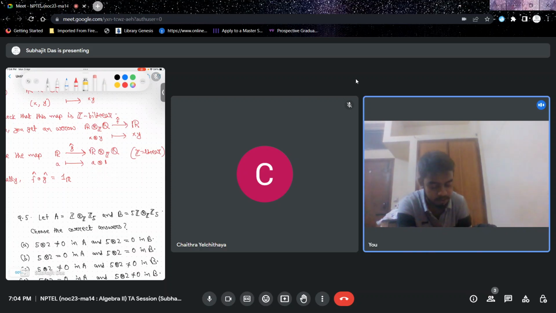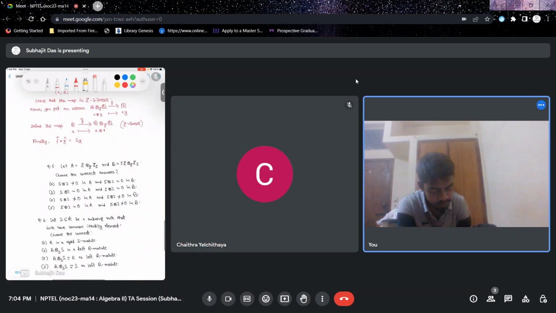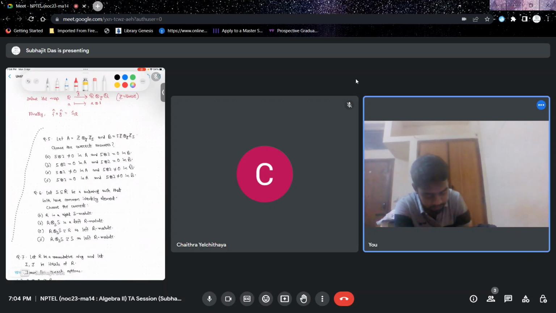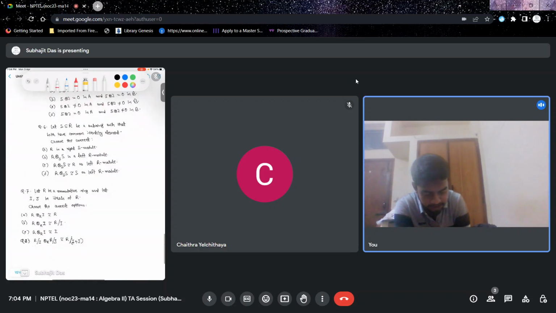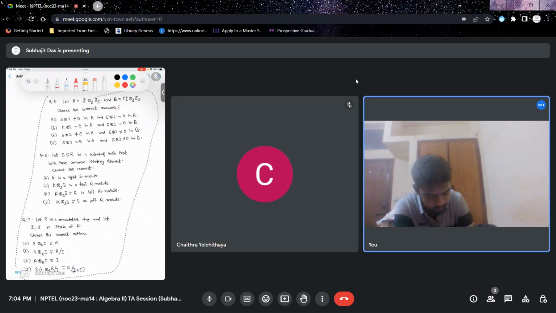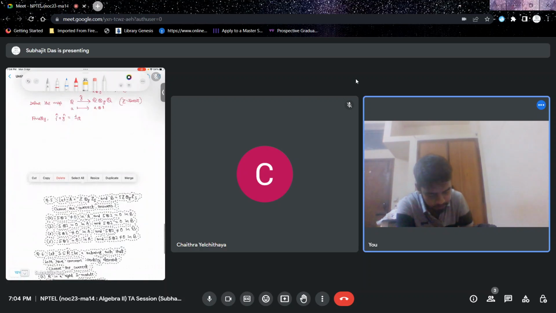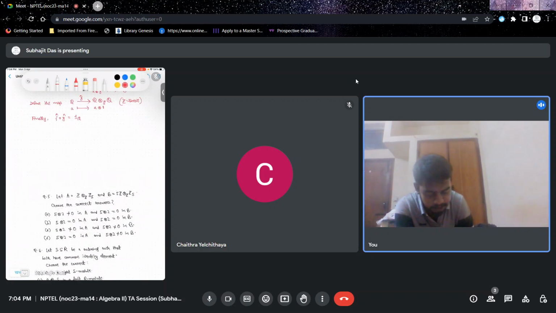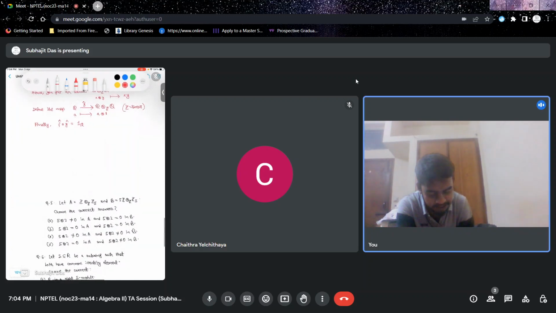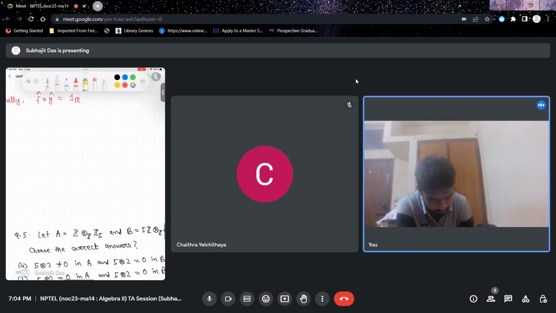There's a reason we are using R and Q here. I need a little bit of space. So one composition is identity, that is very clear. But what about the other one?